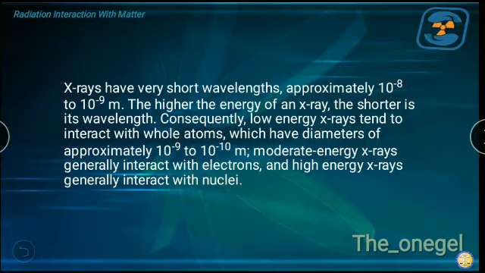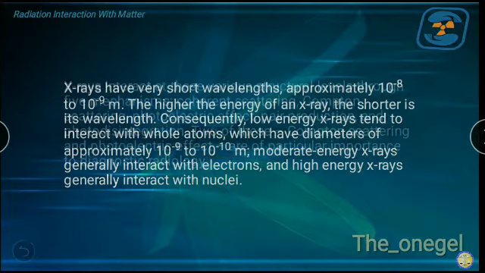When we say low energy photons, their interaction is again with the whole atom. Pag moderate energy X-rays, the interaction is with the electrons. And with high energy X-rays, their interaction is with the nucleus.